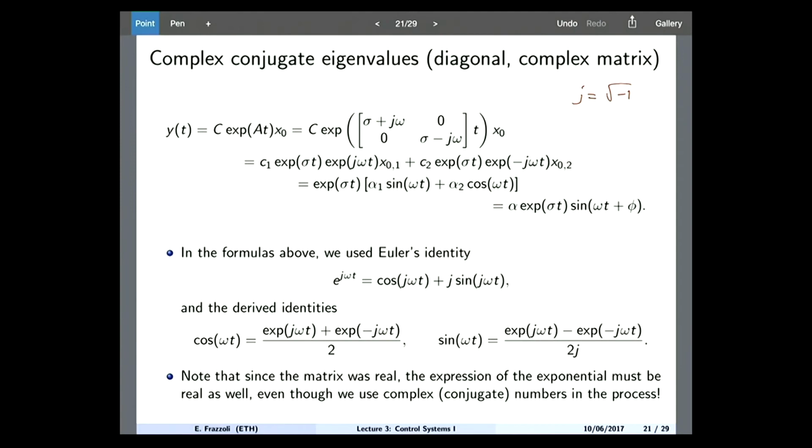You may remember, this is one of the most amazing things in mathematics. That is called Euler's identity, right?